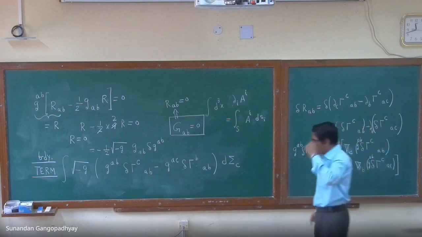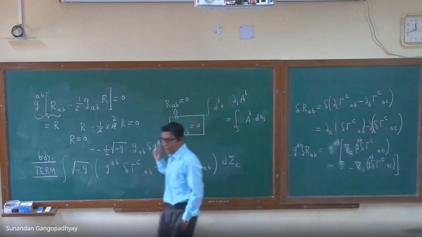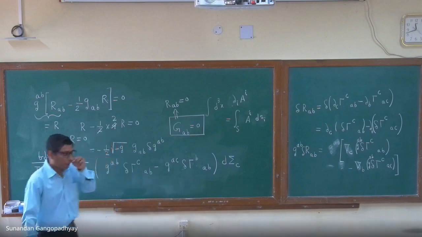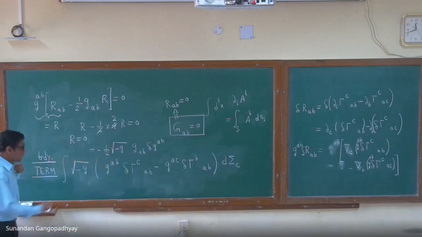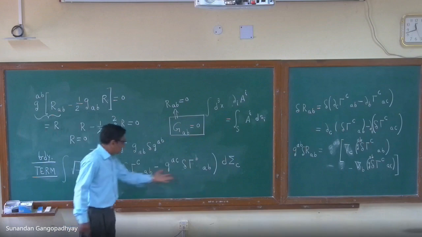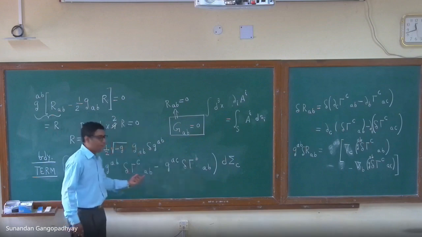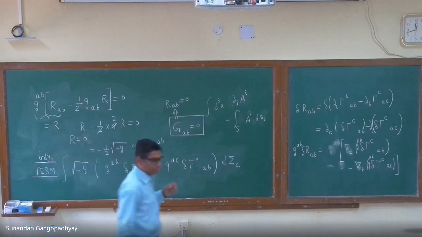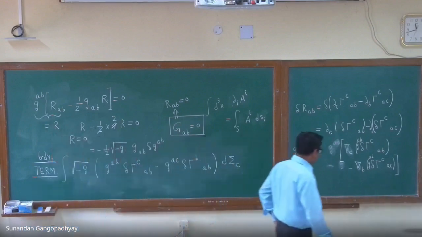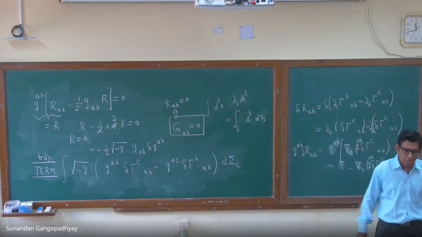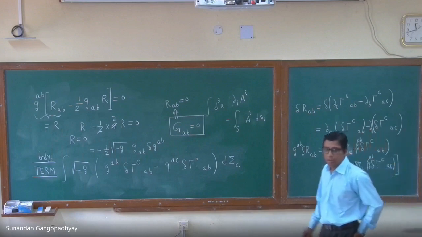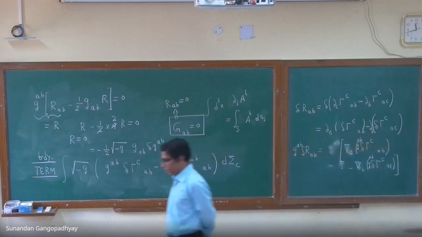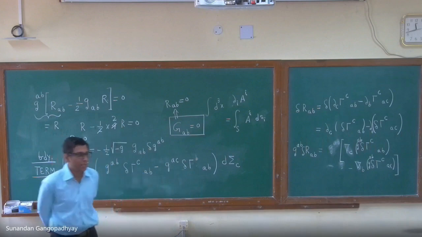Usually it is stated like this in the books, a standard calculation, where you impose that the variation of the Christoffel connection is zero on the boundary. But this is wrong. It's actually not correct. This is the catch that I mentioned.